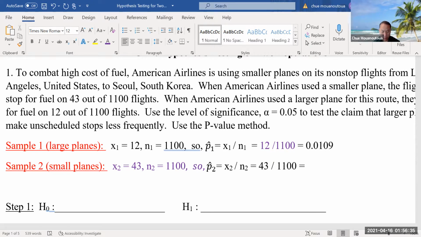If you do your calculator, that gives us 0.0391. I'm just rounding to 4 decimal digits.